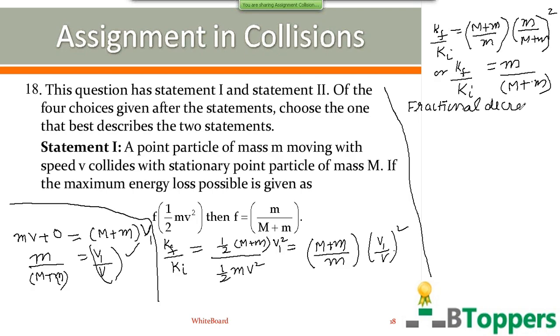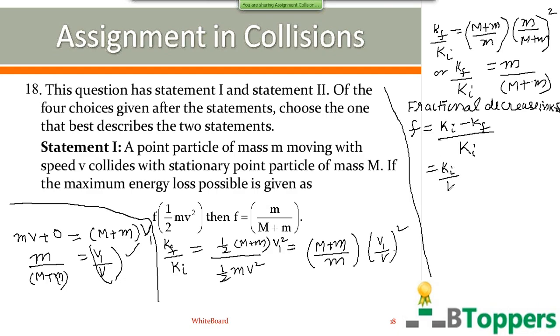So the fractional decrease in the kinetic energy due to the collision is equal to the actual decrease in the kinetic energy during the collision divided by the initial kinetic energy. The actual decrease in the kinetic energy during collision is Ki minus Kf, divided by the initial kinetic energy, which gives the fractional decrease in the kinetic energy.